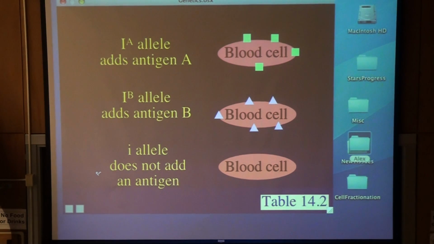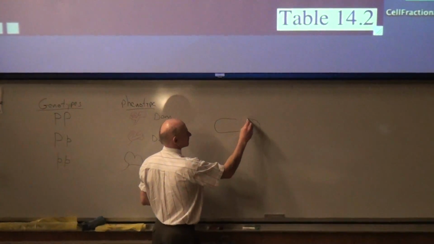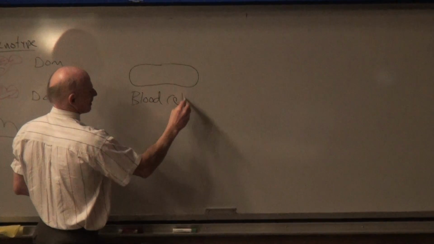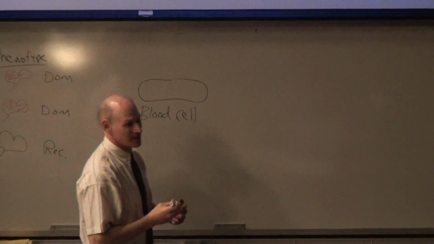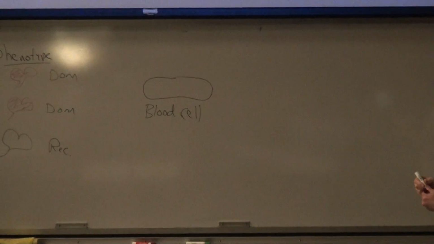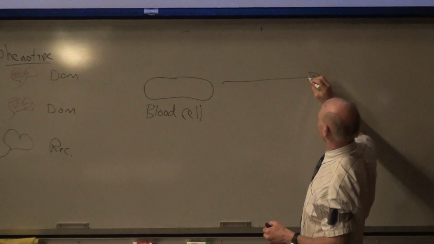Here we go. Imagine this shape right here is one of your blood cells. There's an enzyme that can add molecules to the surface of your blood cells called antigen molecules, and they call that the I enzyme.